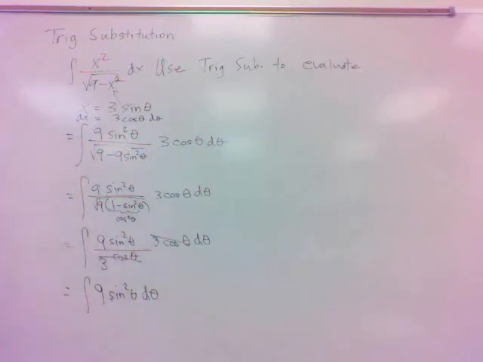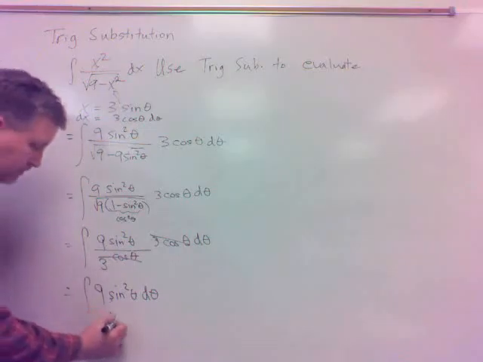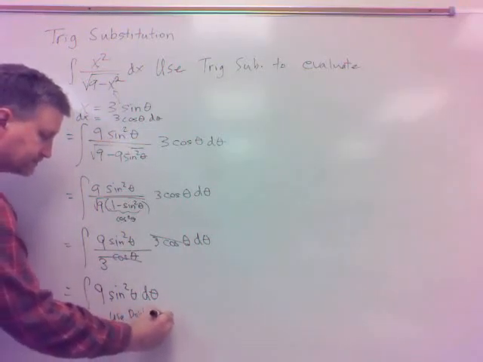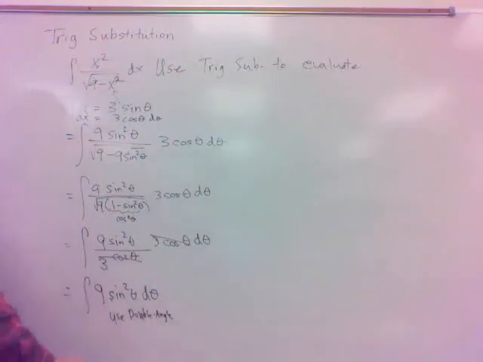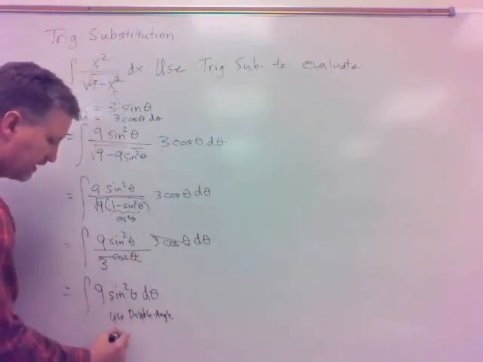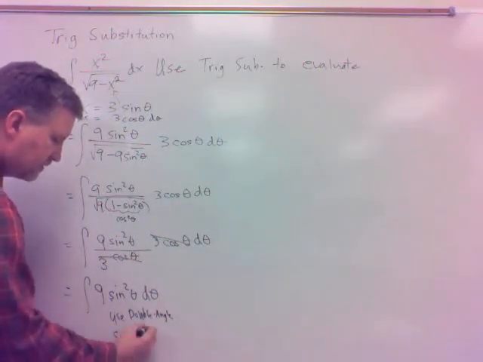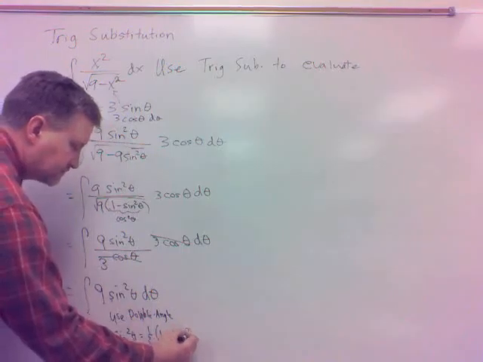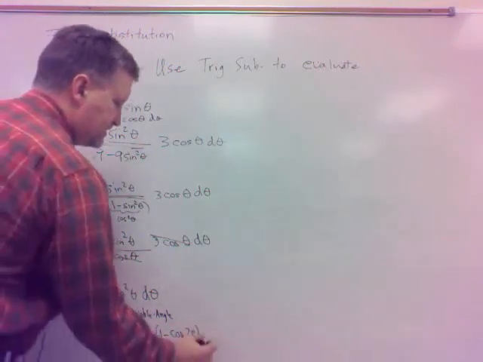That's the double angle. And the double angle, sine squared is 1/2 times 1 minus cosine 2 theta. Isn't that what it is?